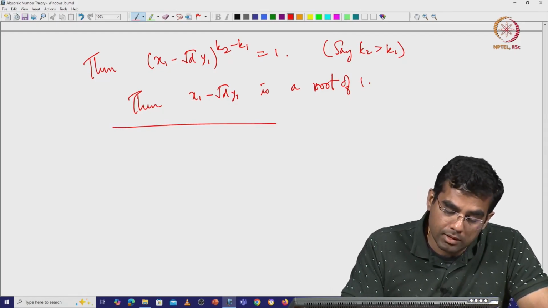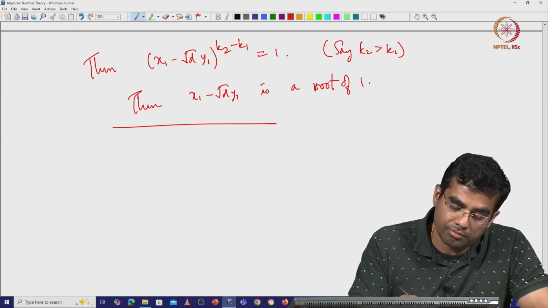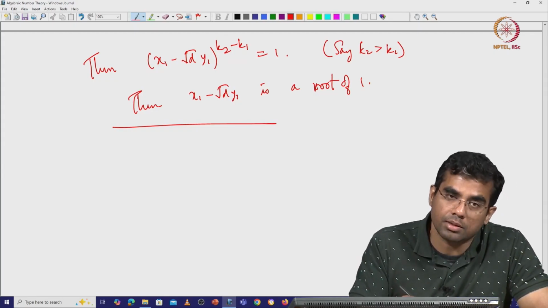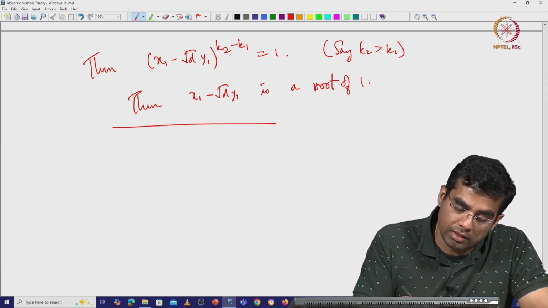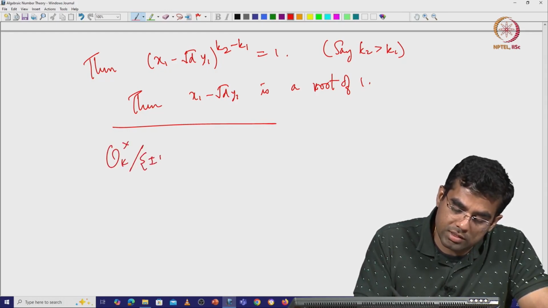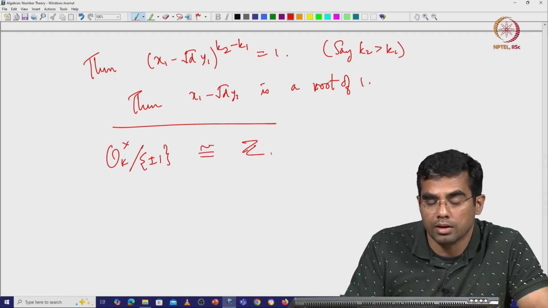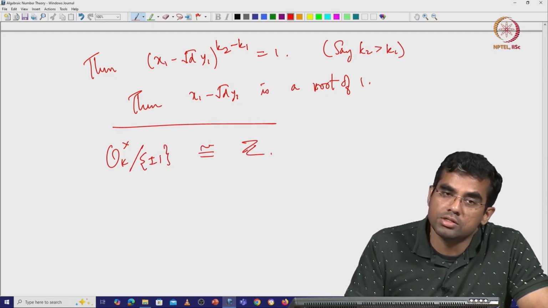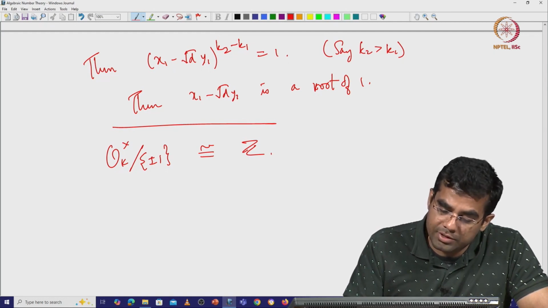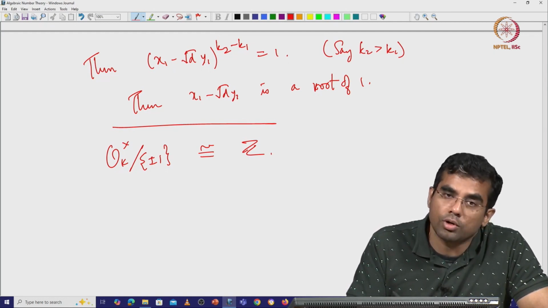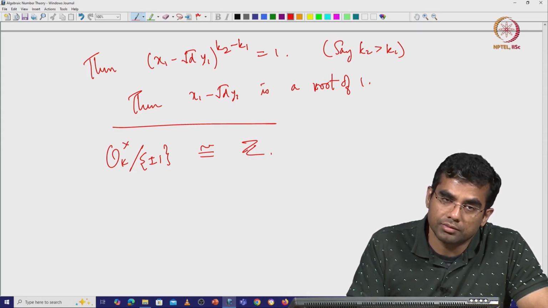Okay. So, what have we done? Let me take a step back and tell you what we have done. O_K cross modulo plus minus 1 is isomorphic to Z. There is a generator of this. All I am saying is that if you take some non-trivial element in here, it generates a non-trivial subgroup of Z, right.